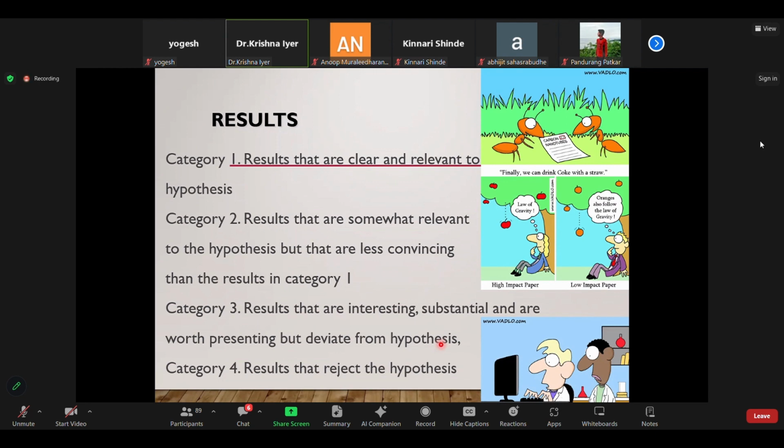And of course, the category 4 results, which I mentioned when I was talking about category 1, are results that are very clear and tend to reject the hypothesis. And these are also results which are relevant. So depending on what you have done, your results might fall under all of these categories. And therefore, they have to be presented in that fashion and discussed in that fashion.